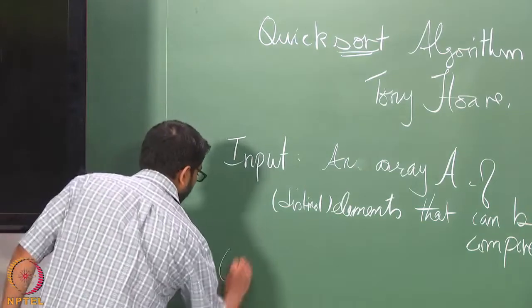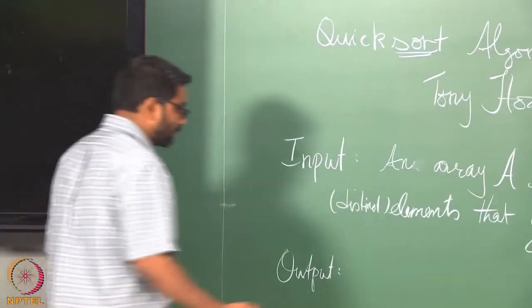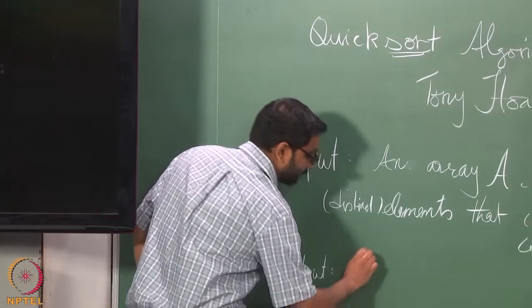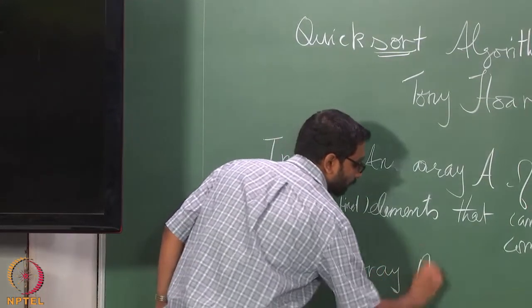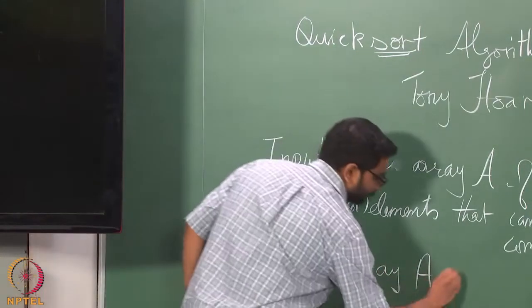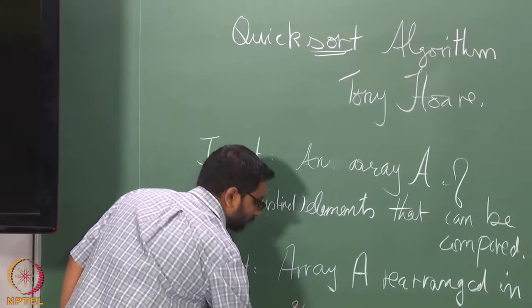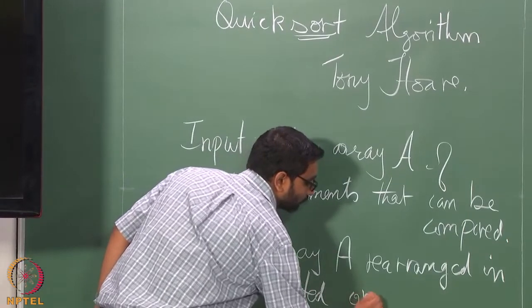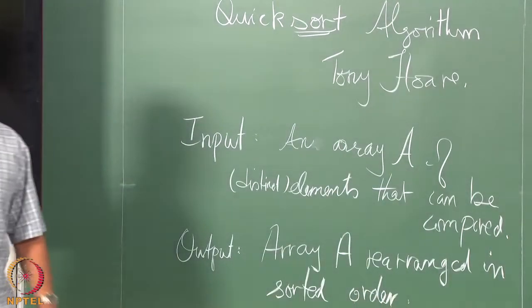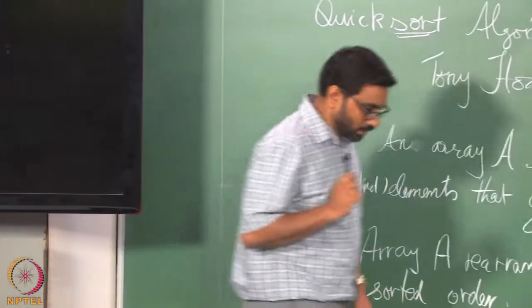The output is typically the array A itself, but rearranged so that it's in sorted order. These are the requirements for any sorting algorithm. Let's recall a few things we already know about sorting algorithms.